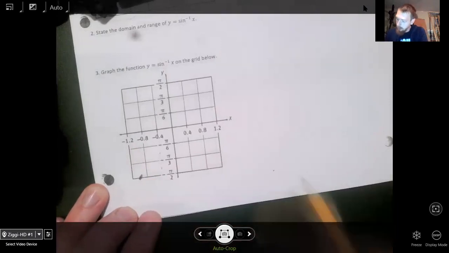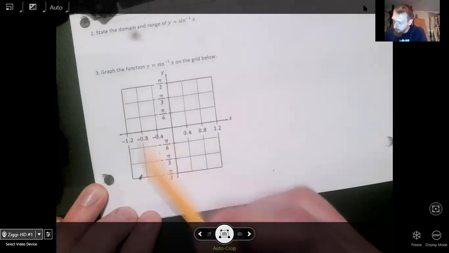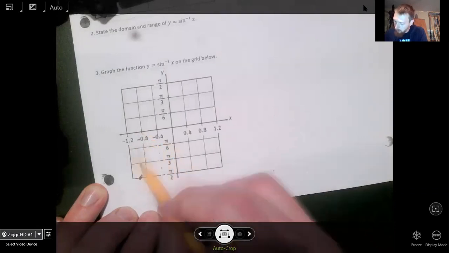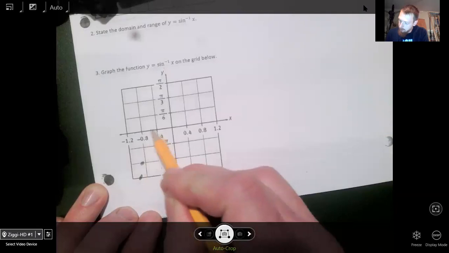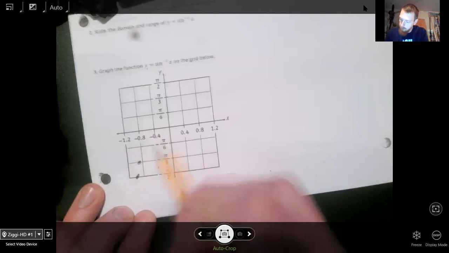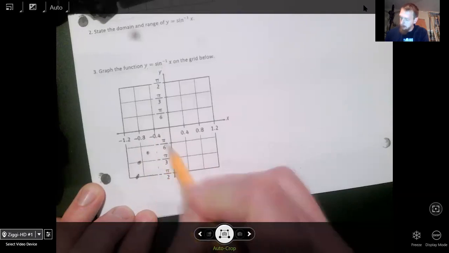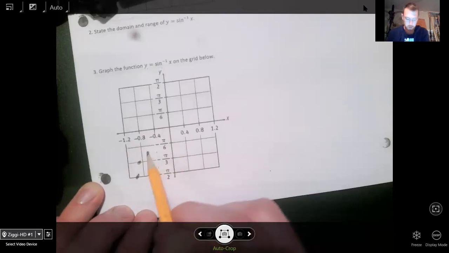And we can see that when x is -0.866, the y value is -pi/3. And then at -0.707, just a little bit closer to -0.8, we're going to have a y value of -pi/4. That's going to be here in between -pi/6 and -pi/3. That's -pi/4.